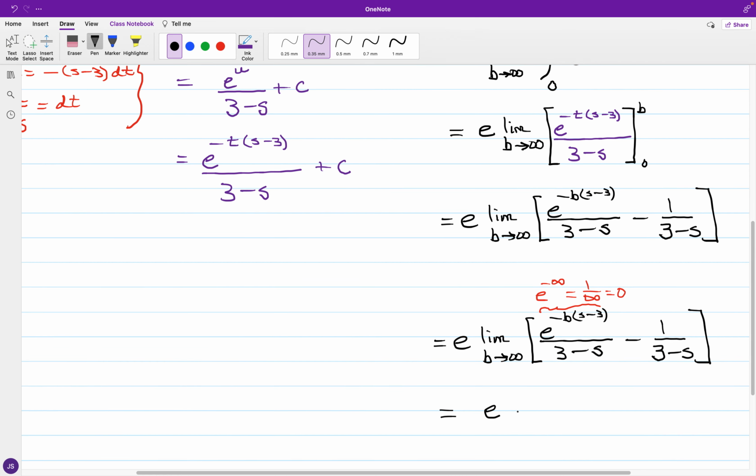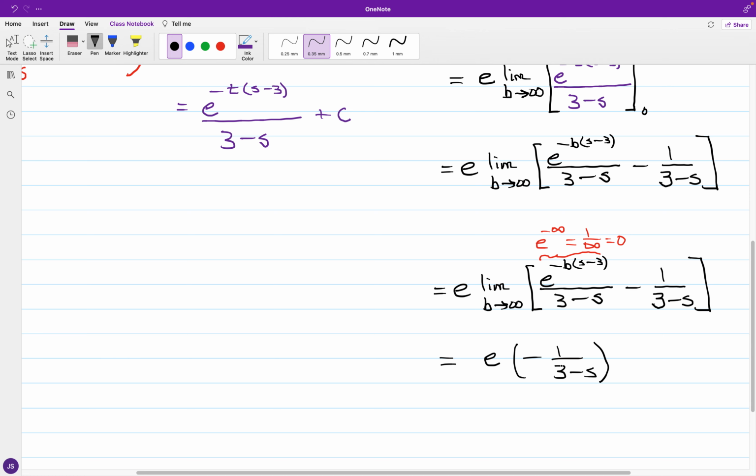And so we have e times negative 1 over 3 minus s. To clean this up, if I take the opposite sign, going from a negative to a positive, we'll have 1 over s minus 3 multiplied by e. So for the Laplace transform of this problem, it ends up as e all over s minus 3.